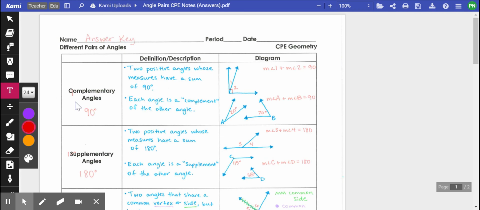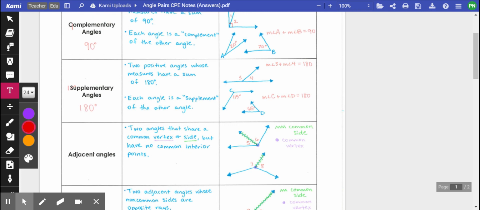So that can tell you that complementary angles add up to 90. And with supplementary, you can add a 1 in the front, close off that U to make a 0, and put a diagonal through the S, and it looks like you're creating a 180 out of the word supplementary.